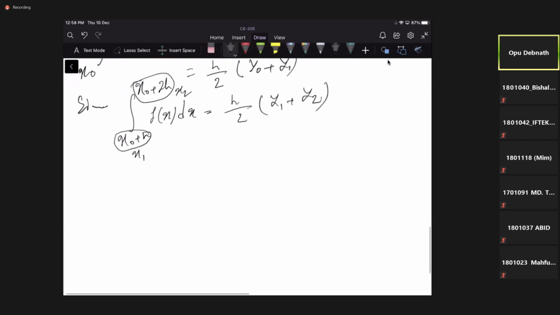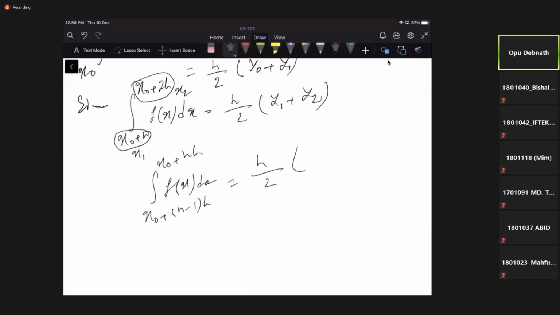And it will continue up to x0 plus (n minus 1)h to x0 plus nh, f of x dx. And in this case, you will find h by 2 (y n minus 1 plus yn).